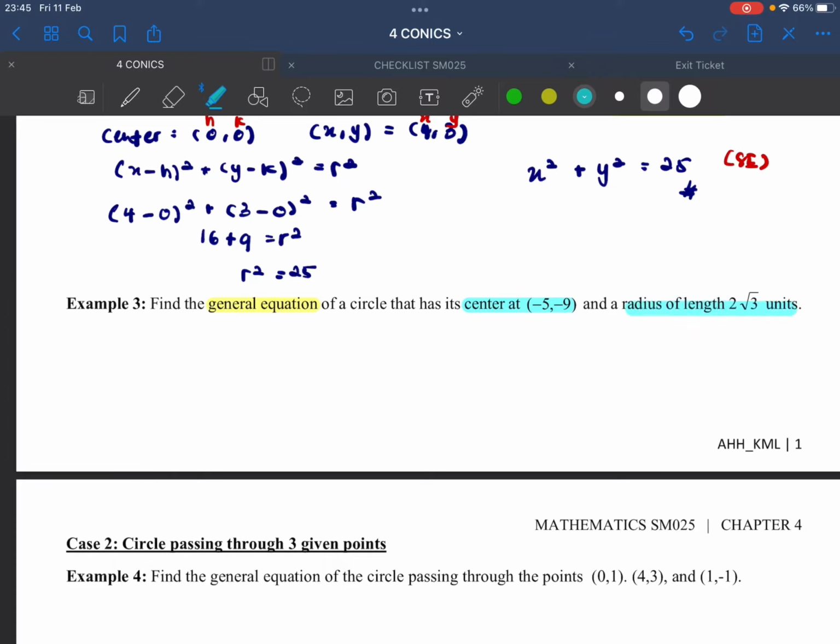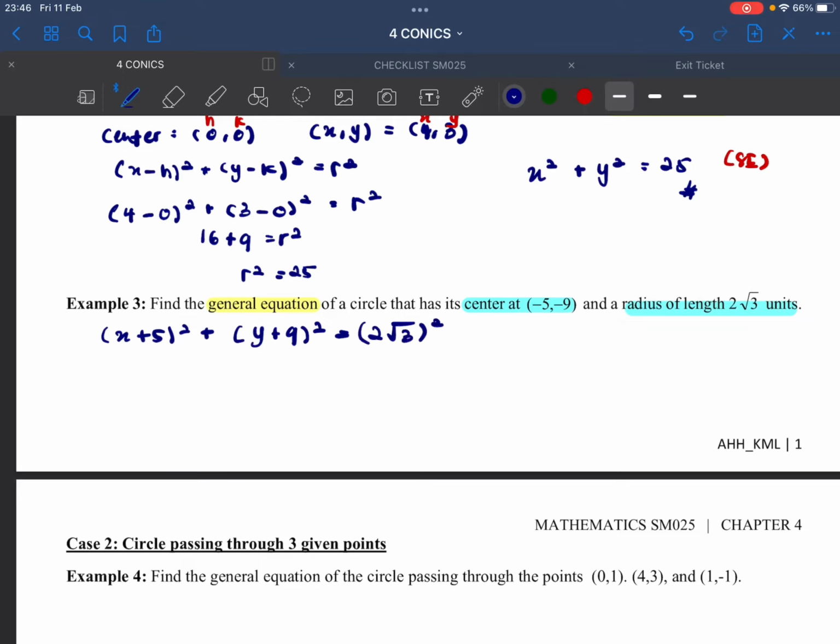This is the same as before, so we just substitute the center. We have x minus h squared, where our h is negative 5, so that's going to be x plus 5 squared, plus y minus k squared. Our k is negative 9 here, so that's y plus 9 squared is equal to r squared, which is 2 square root 3 squared.